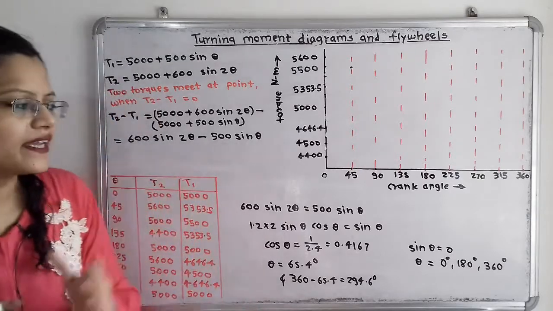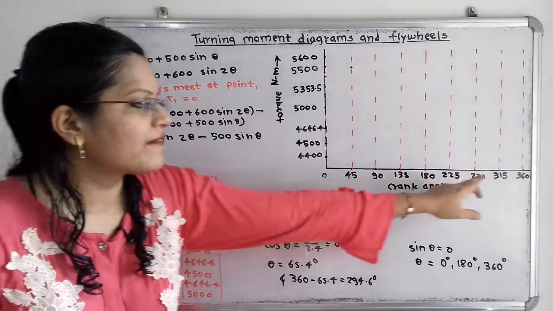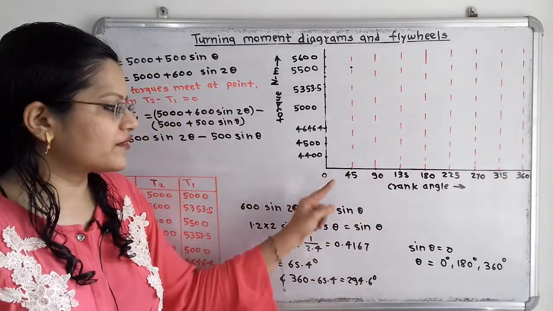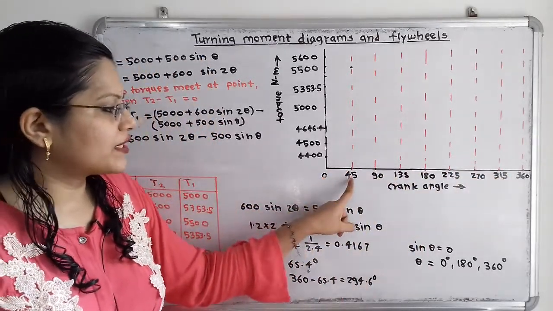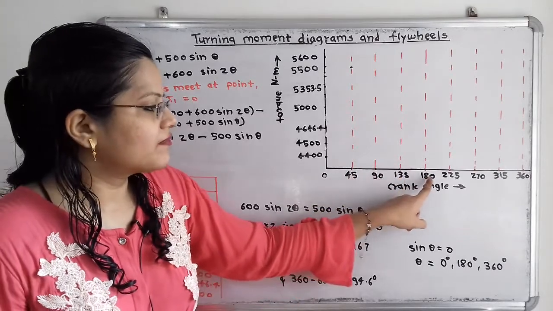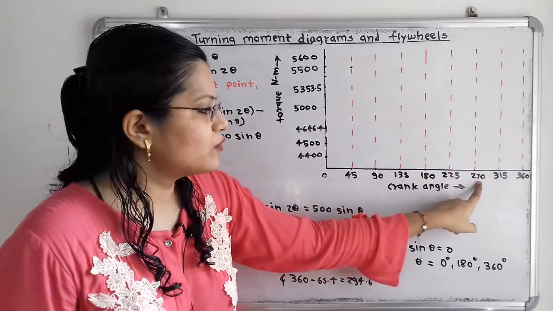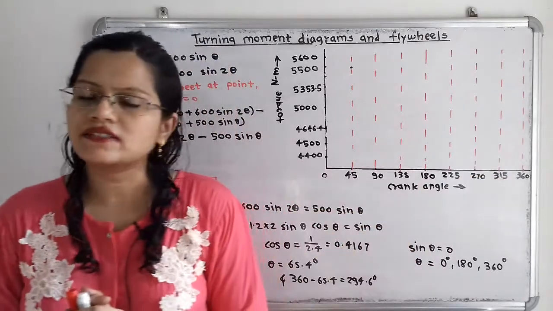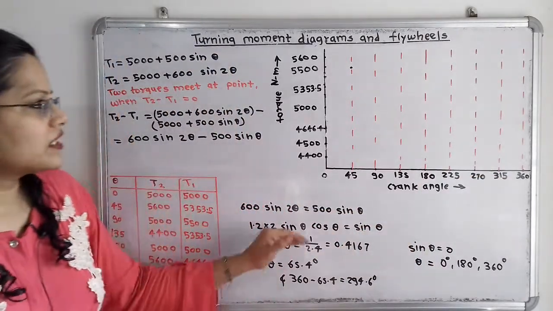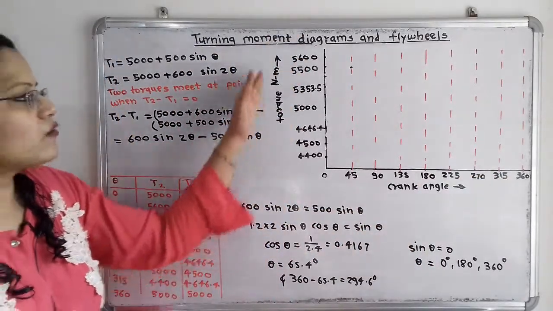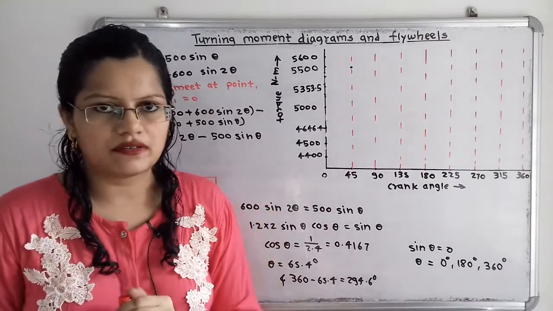And we have to make some parts. I will make the partition at every 45 degree, that is 0 to 45, then 90, 135, 180, 225, 270, 315 and 360. And on this vertical line we have to plot the torque in Newton meter.